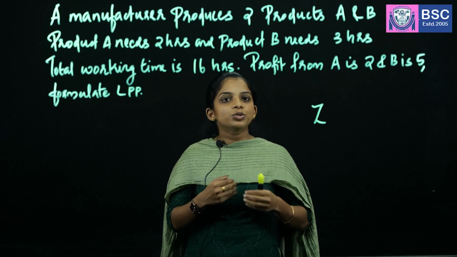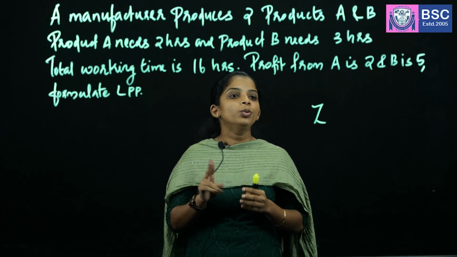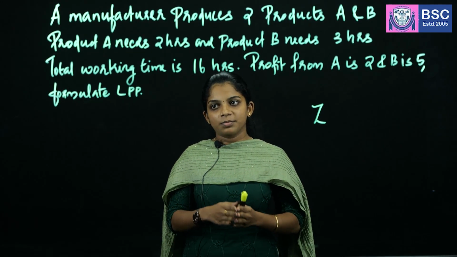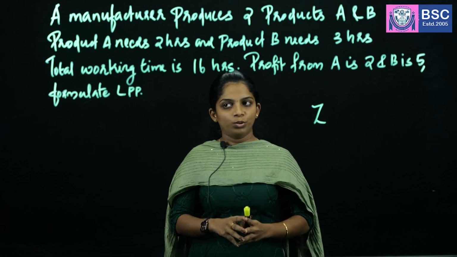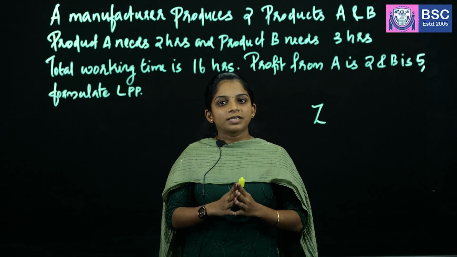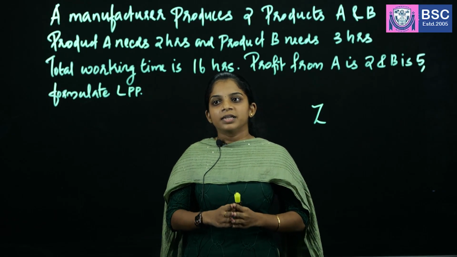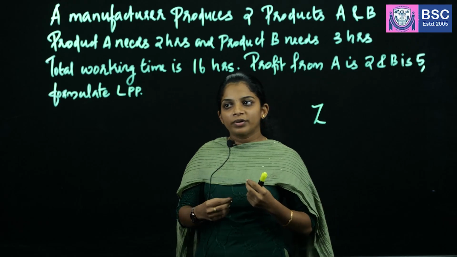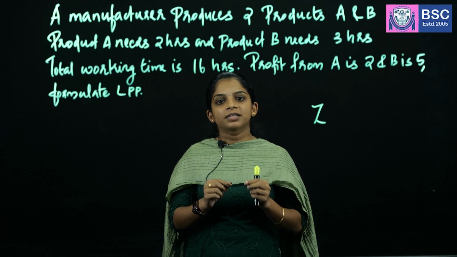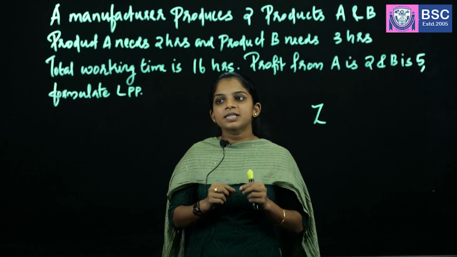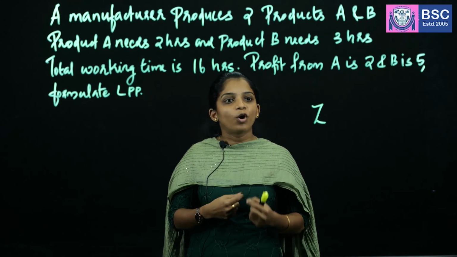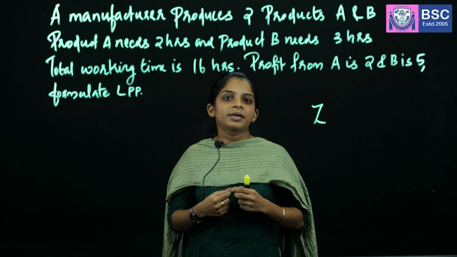So most of the time in LPP, there will be two objectives, maximization and minimization, usually maximization of profit and minimization of cost. The first step is setting up an objective, and the next step is, as I already mentioned, making an optimum solution at a time of scarcity, when there are some constraints. Those constraints should be taken into consideration while we are formulating the mathematical model.